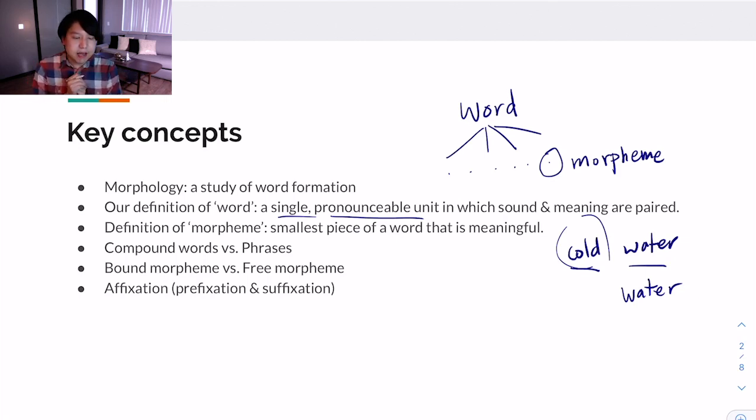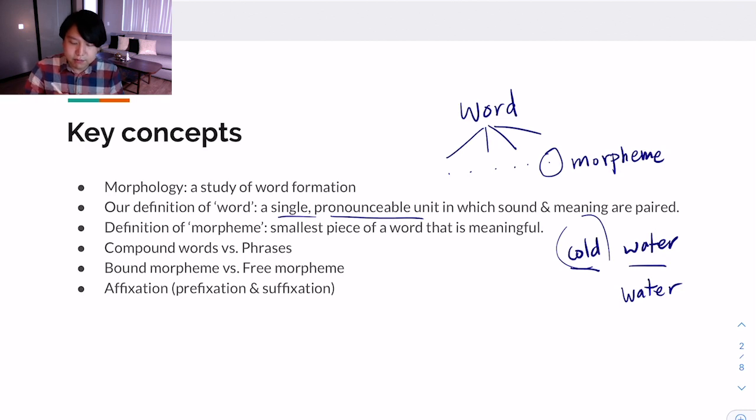And there are compound words and phrases. A compound word is multiple words combined together to form a single word, where the meaning is not a combination of the literal meanings of each word. For example, cold water is not a compound word. It's about something that is water and that is cold.